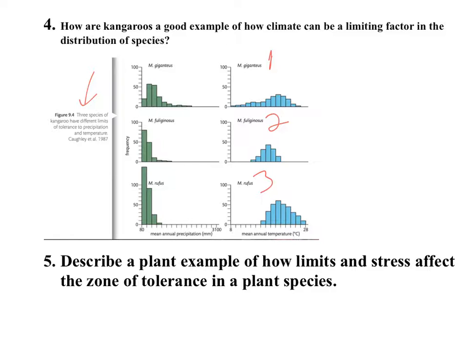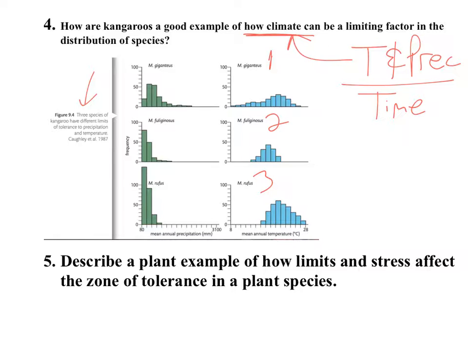And so we are looking at how climate, which is temperature and precipitation over time, not weather. Weather is just day. This is climate, so over the years, it takes years to understand climate. How does that affect, how's that a limiting factor in the distribution of species?